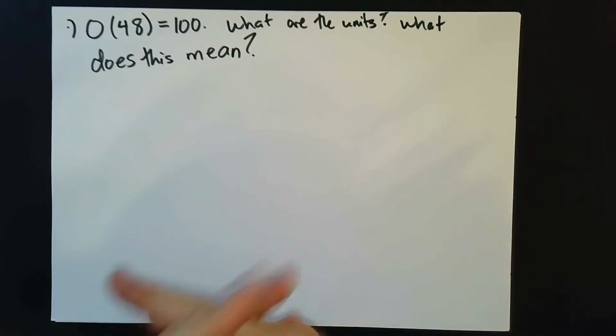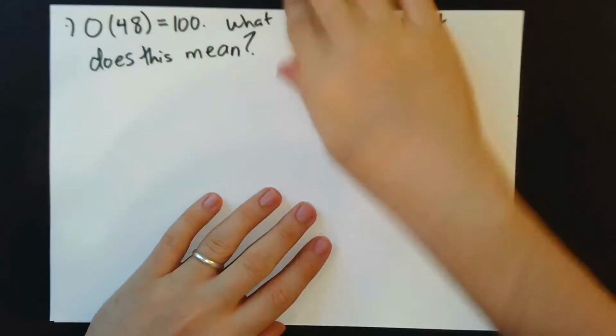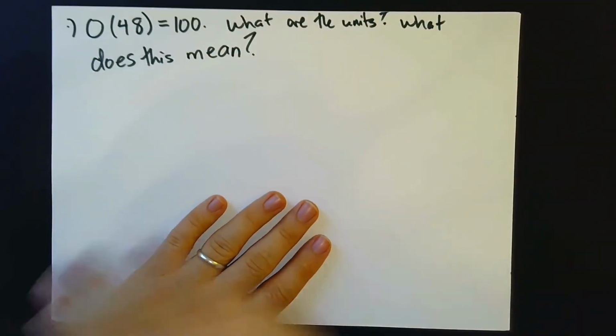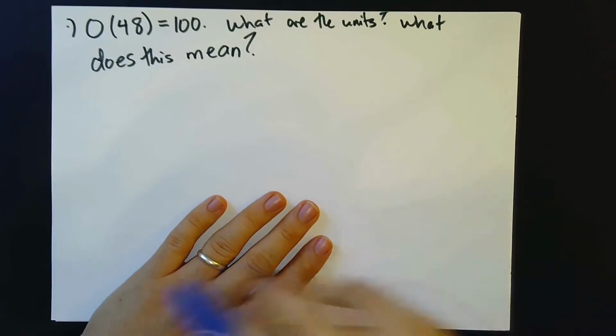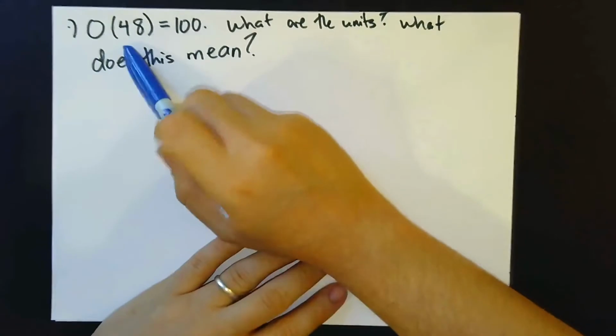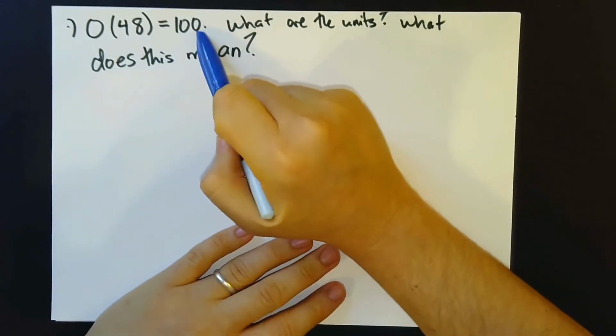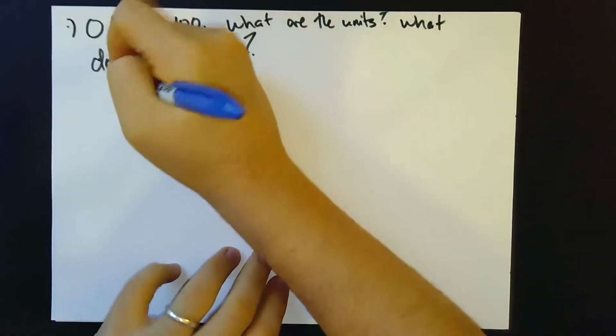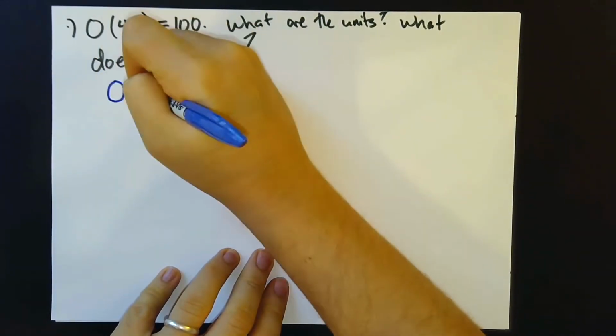Okay, so we're going to continue with the same function. Everywhere until I say otherwise, we're still dealing with this function O of t that we've been talking about. And now I'm going to tell you this additional piece of information: I'm going to tell you that O of 48 is 100. And I want to think about what the units are here and what this means.